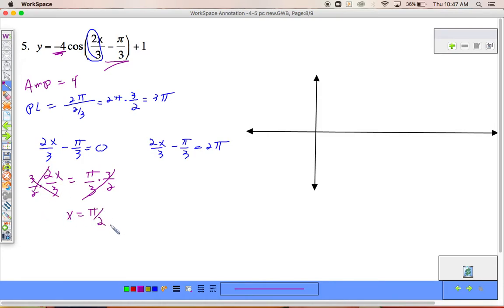So I'm going to start at pi over 2. Multiply by the reciprocal. And it ends at 7 pi over 2. So I'm going to count pi over 2. That's 1 pi over 2, 2, 3, 4, 5, 6, 7 pi over 2.